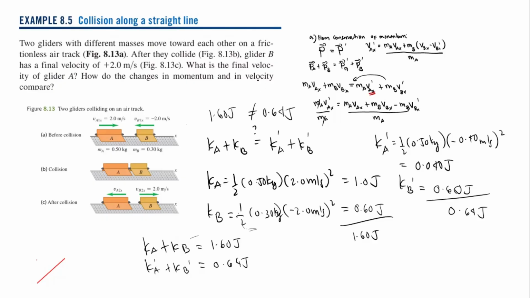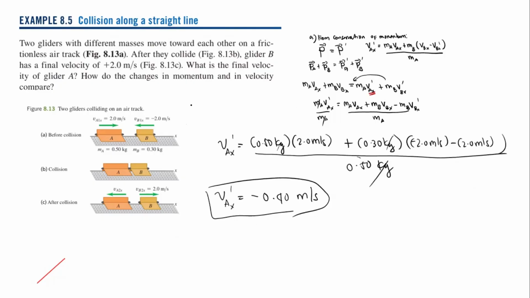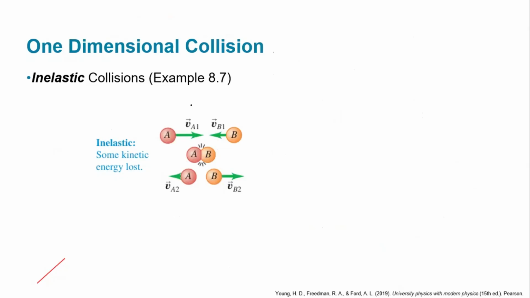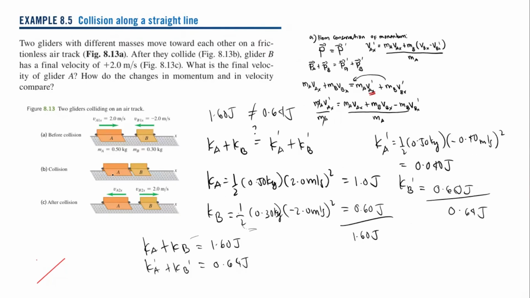So what's the meaning of this? The collision is inelastic. Some of the kinetic energy is lost. That's the meaning of an inelastic collision. Momentum is conserved. It did not stick together like a completely inelastic collision, but there is a loss of kinetic energy.